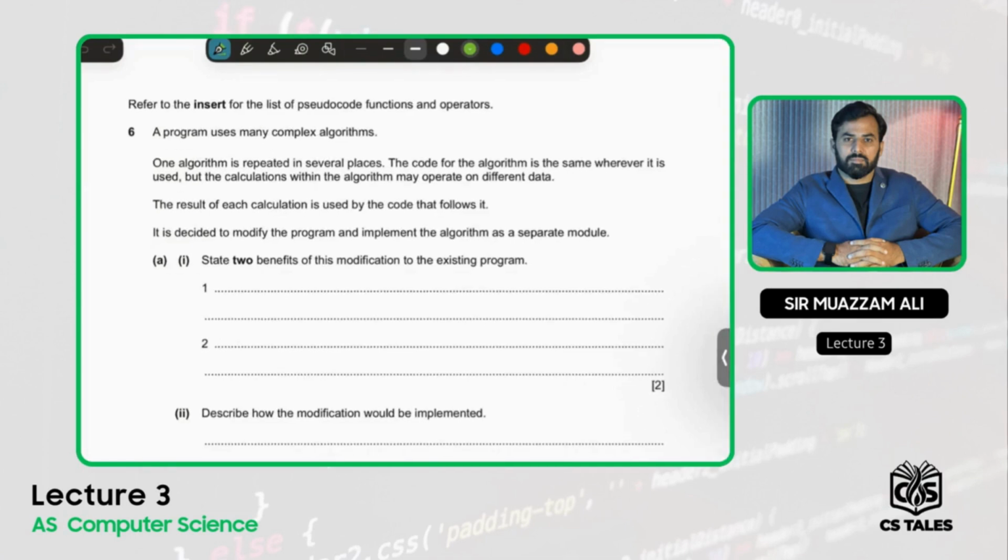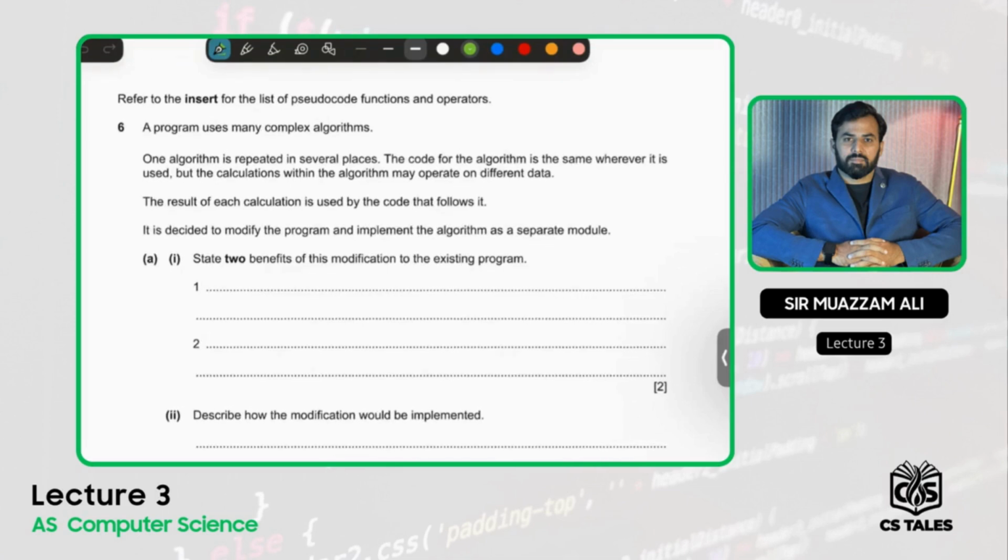Whenever you have an existing program, you can say that the code can be called when needed, in a subprogram and such. This is a question from 2024, and 25, and 24, some questions of the October session we have done. So, state the benefit of modification of the existing program: the code can be called when needed.